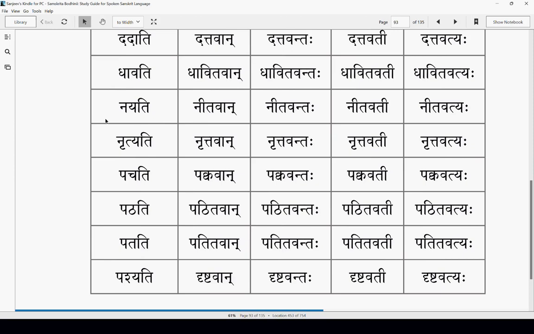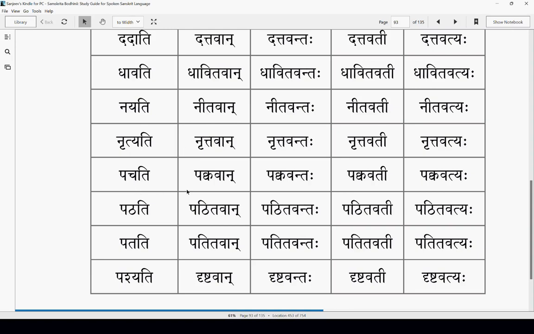Ni. To that you add tavan. The Pratipadikam is tavat, so the Pratipadikam becomes Nitavat here, and the Prathama Vibhakti form in Pullinga becomes Nitavan. Here also Nrutyati, Nrut is the dhatu, then it becomes Nruttavan.